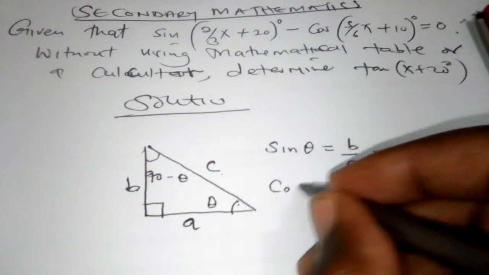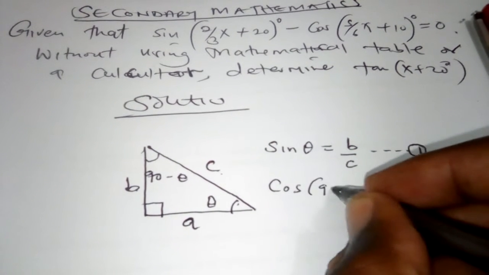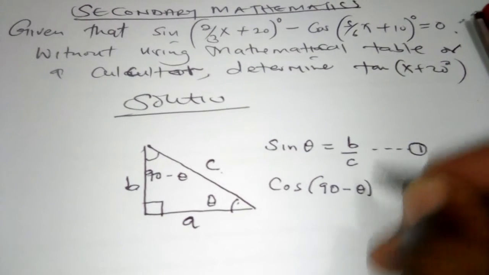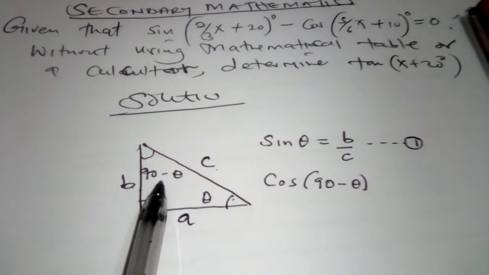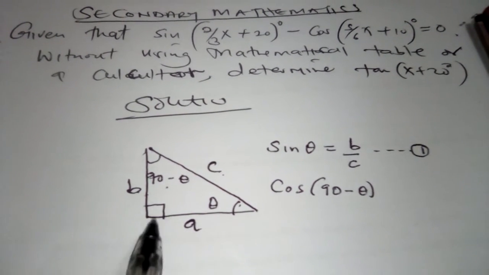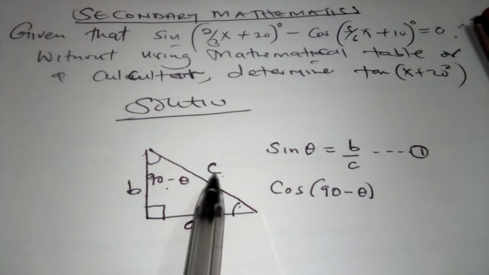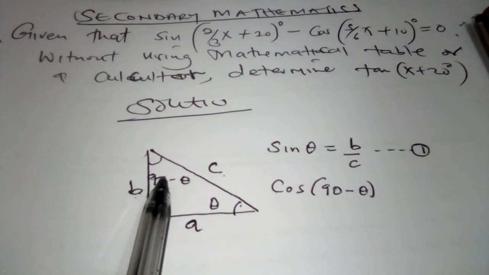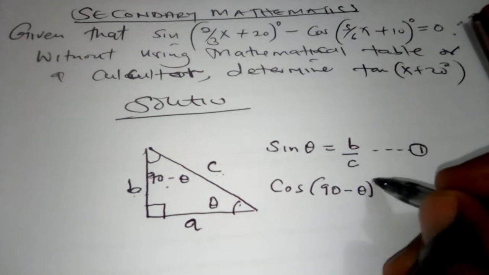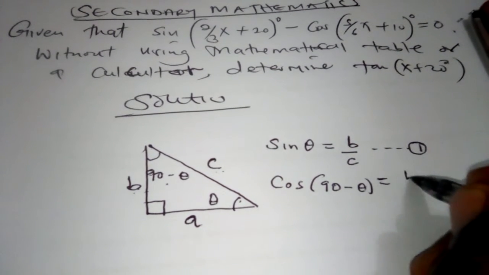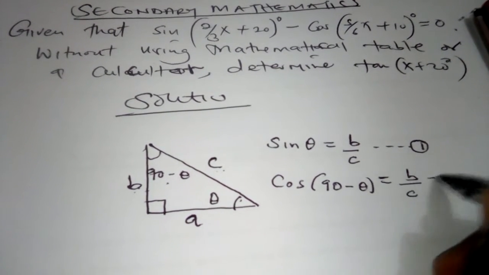Let me take cosine of 90 minus theta, for example, this angle over here. Cosine is adjacent over hypotenuse, and this is going to be equal to B over C. Equation number 2.